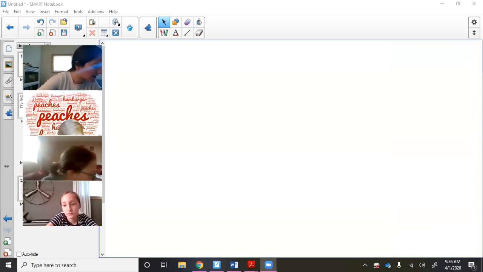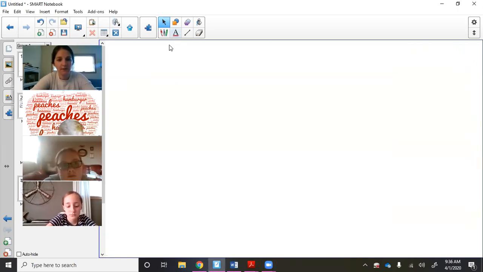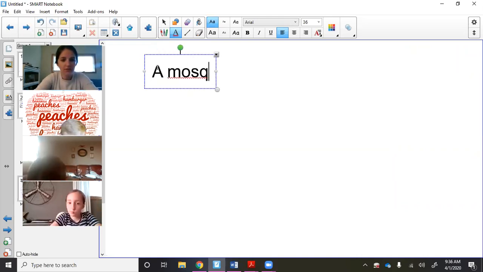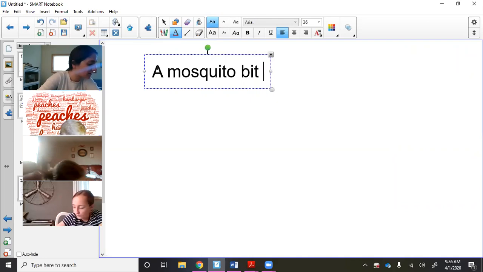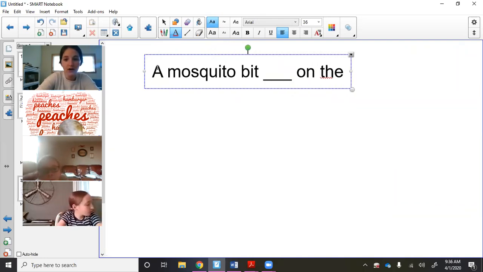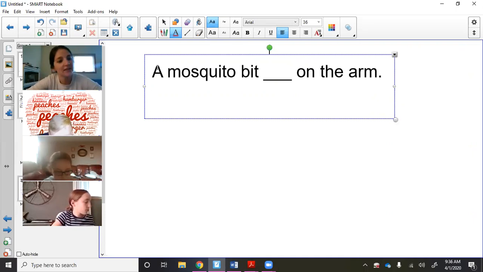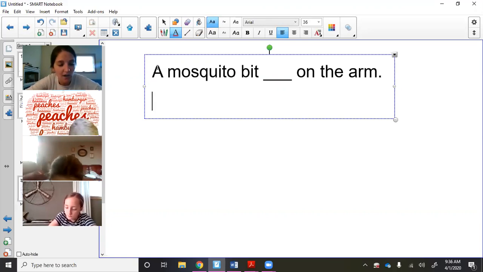So number 1 says, the mosquito bit blank on the arm, me or I. And if we're looking at subjective and objective, remember that subjective would be the subject, but also predicate noun and predicate pronoun, as well as objective would be object of the preposition, so OP, IO, DO, and those kinds of things.